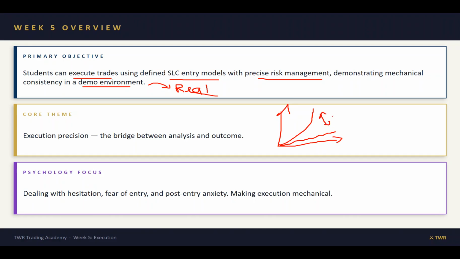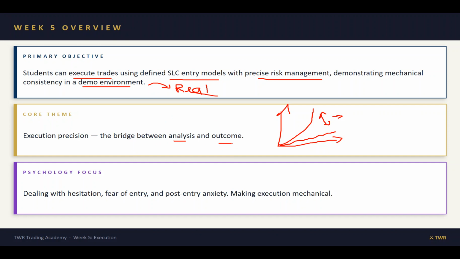This gap is what is known as discrepancy. If you can reduce this gap between how you perform on a real account and how you perform on a demo environment or on a backtesting site, the bridge between analysis and outcome is reduced.